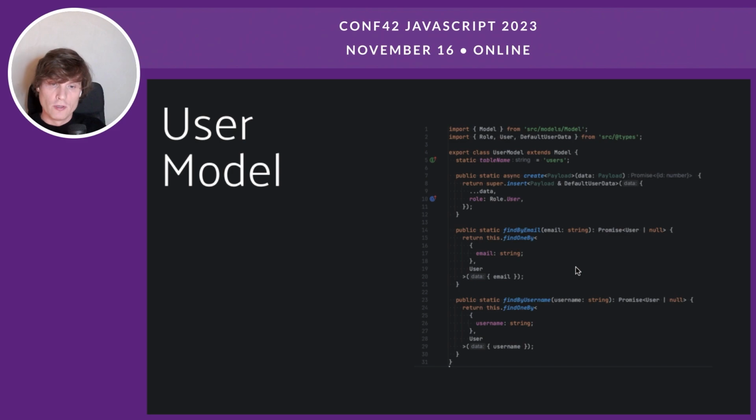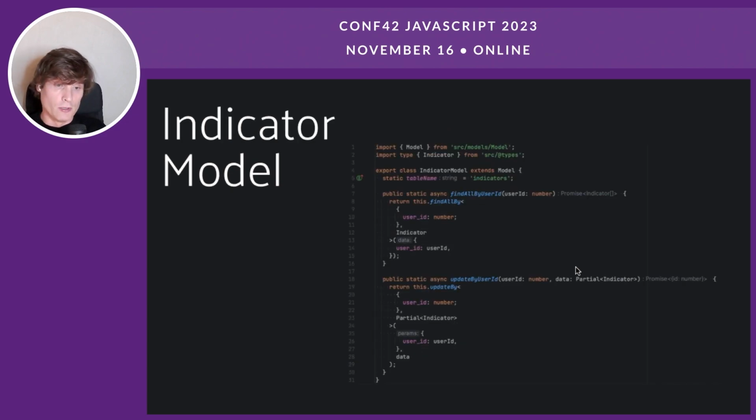So the user model extends the base model, and we have to assign the table name, which is users, and against that table we're going to be able to create a user, find by email, or find by username. That part we will simplify in order to reuse those models across our controllers.